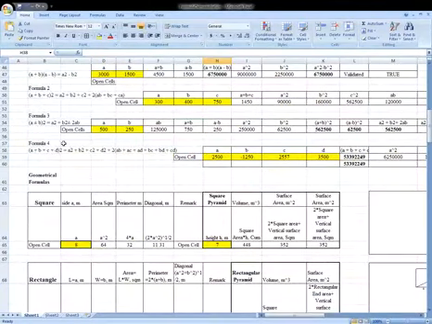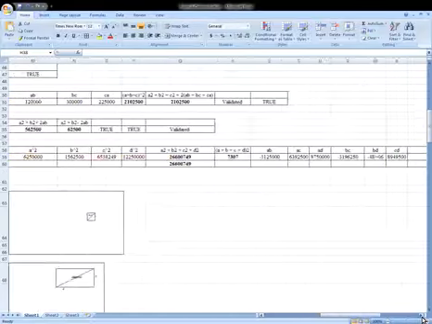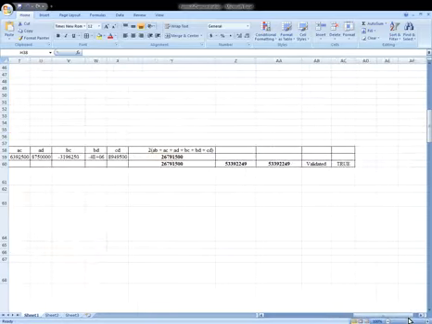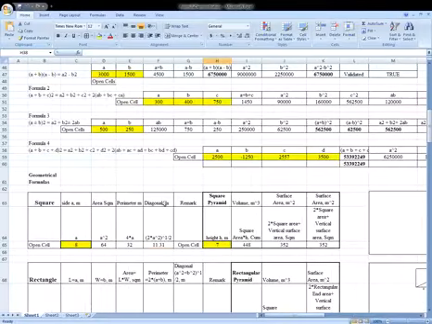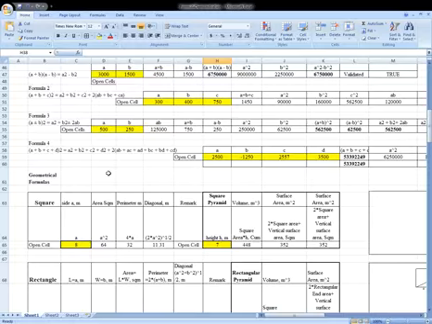Then similarly formula 4 with various values, a plus b plus c plus d whole square, and a square plus b square plus c square plus d square plus 2 into ab plus ac plus ad plus bc plus bd plus cd. Open cells are these. You can see we worked out these formulas successfully, though this string is getting longer and longer because there are many variables and many parameters.